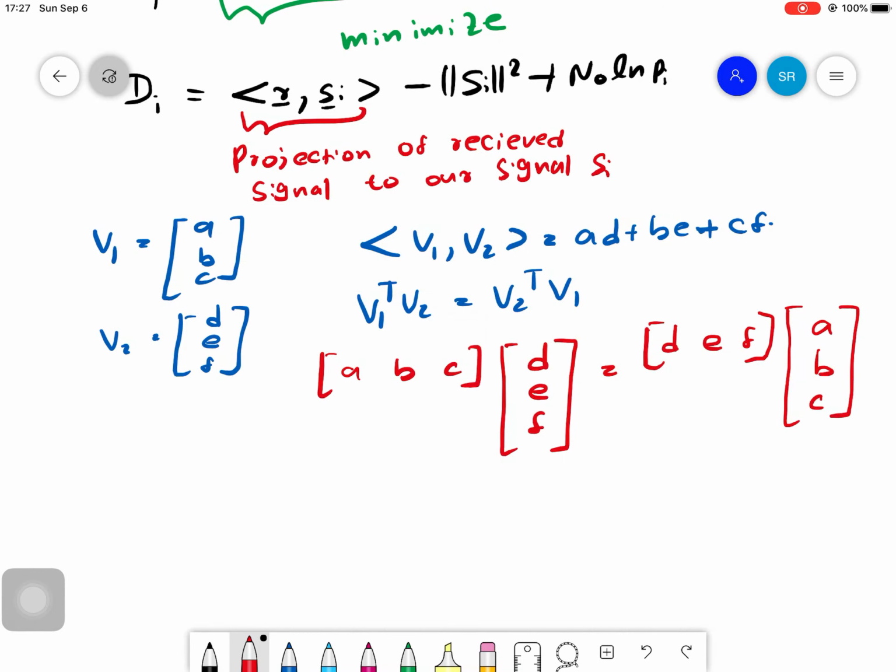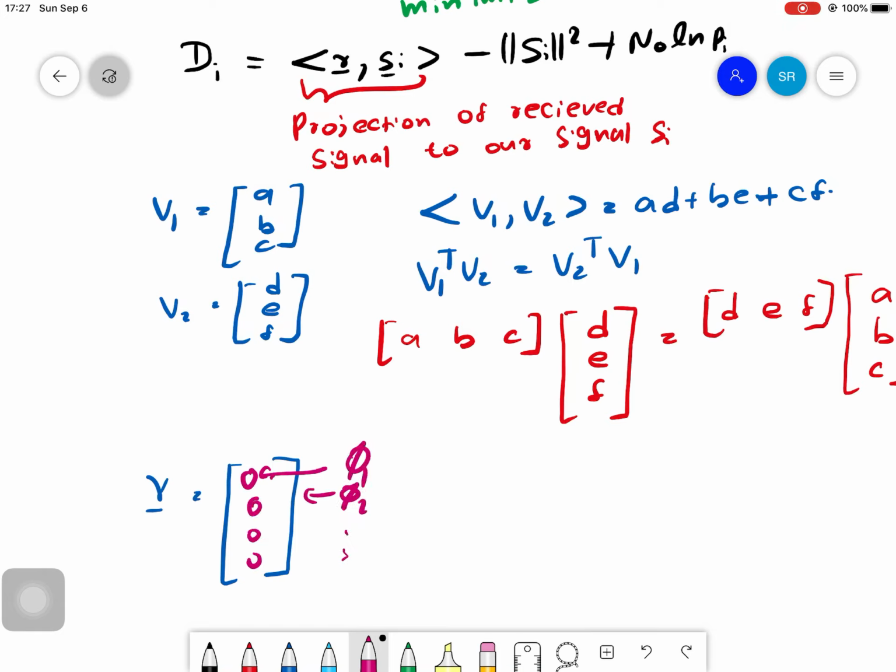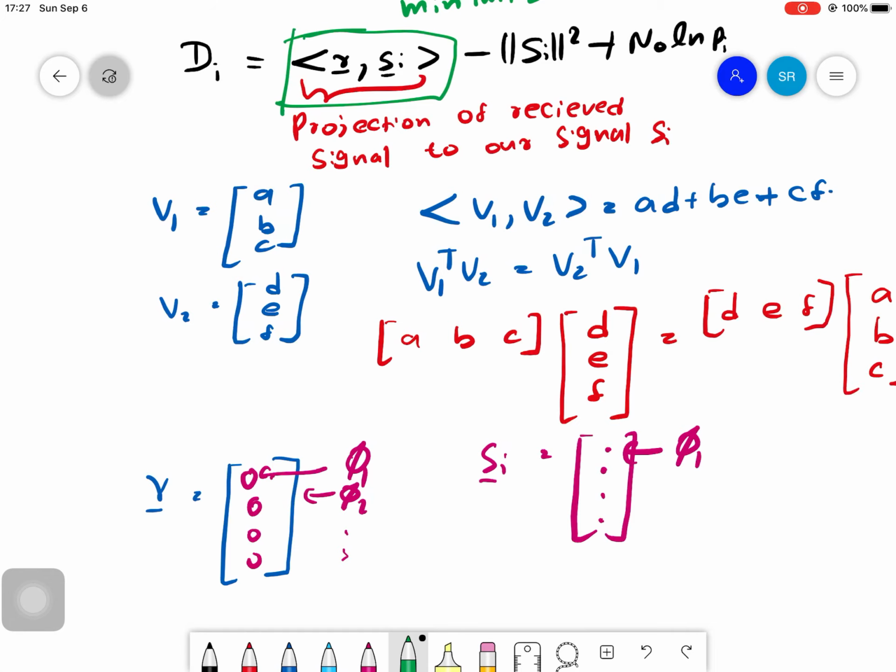Now, if we can write this received vector in terms of our basis signals, with components corresponding to psi1, psi2 and so forth, and the s_i are also written in our basis signal space, with indices denoting how much each contains from each basis signal, then we can write this as a matrix product.